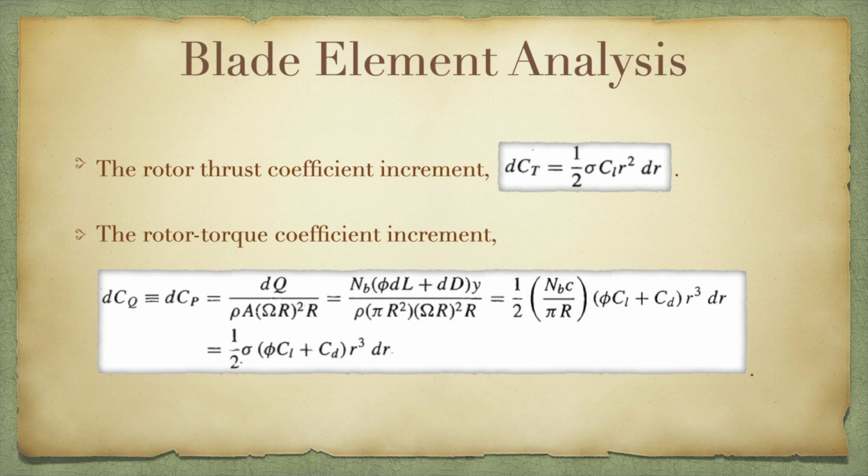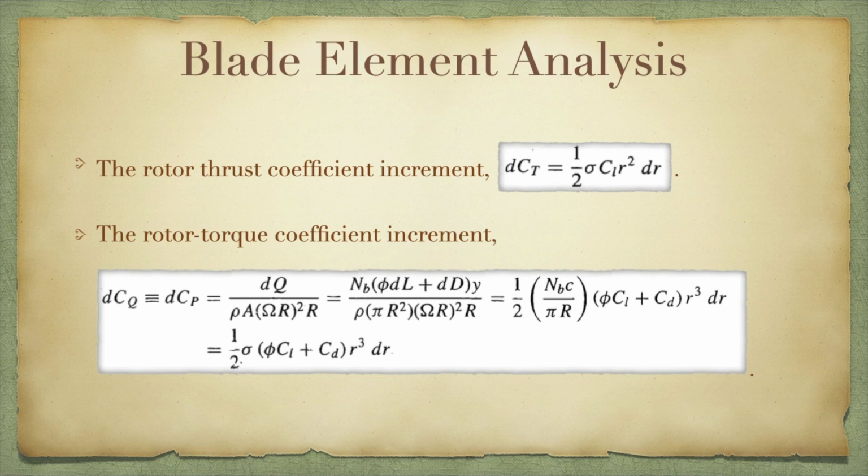With this, we have concluded the blade element analysis. So in this video, we have discussed the blade element theory, how it came into picture, and what the theory is, the blade, different forces and velocities acting on the blade, and the blade element dy.